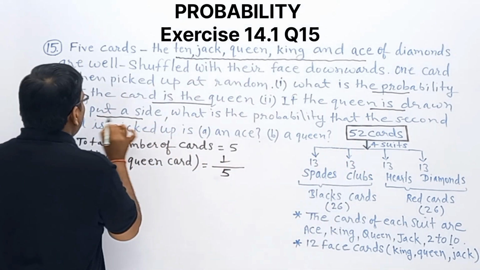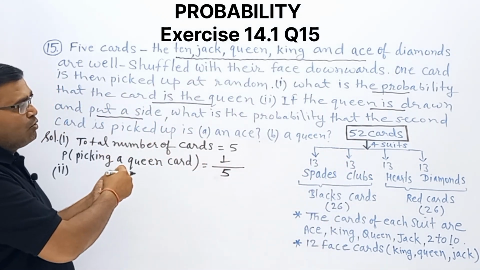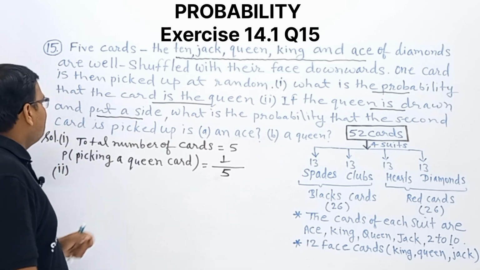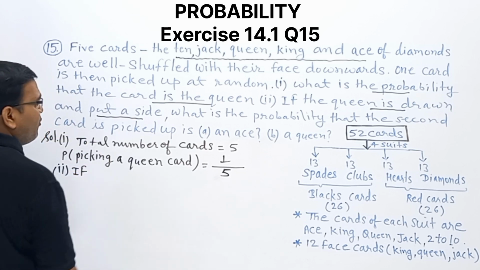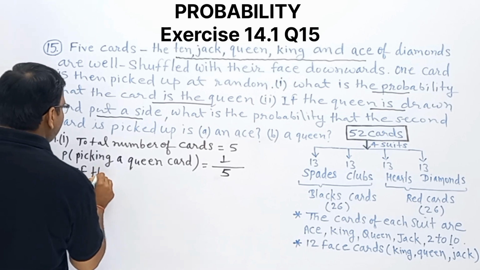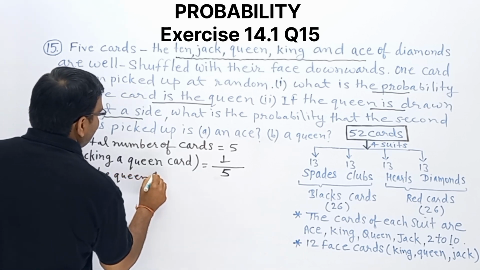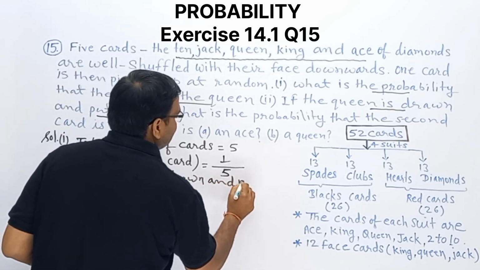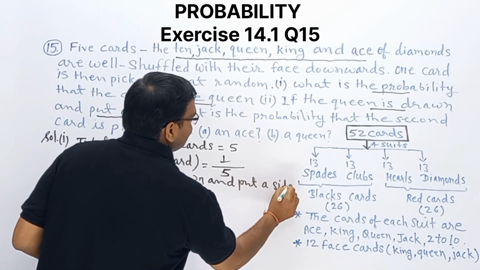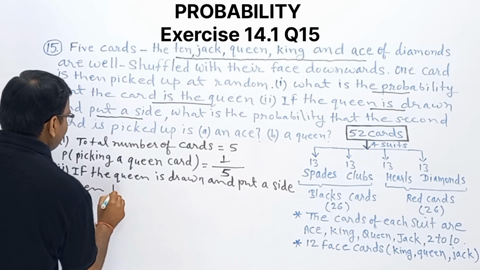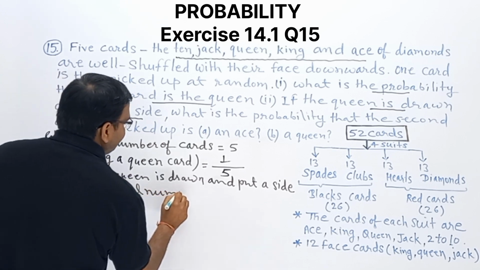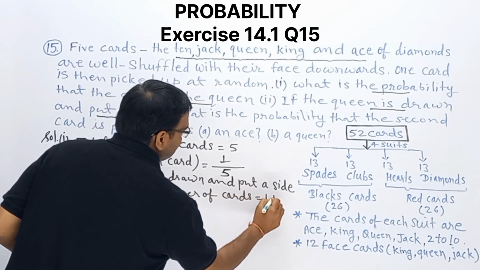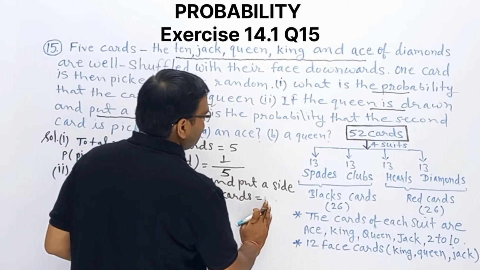If the queen is drawn and put aside, then what about the total number of cards? The total number of cards will be 4.